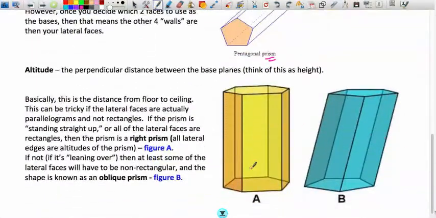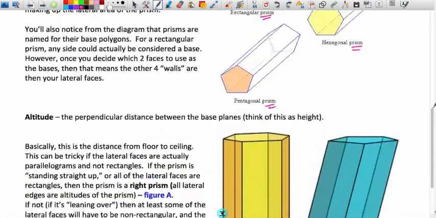If you have a look at diagram A and diagram B, diagram A is an example of a right prism. In a right prism, each of the edges is perpendicular to the base. Figure B is known as an oblique prism, and that is not something that we focus on in this chapter, but just so you can distinguish between the two.